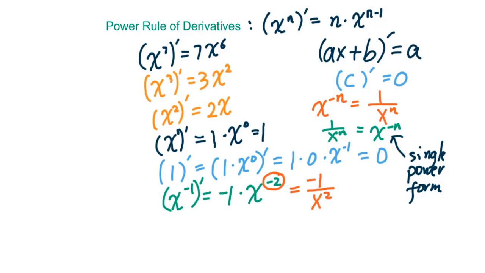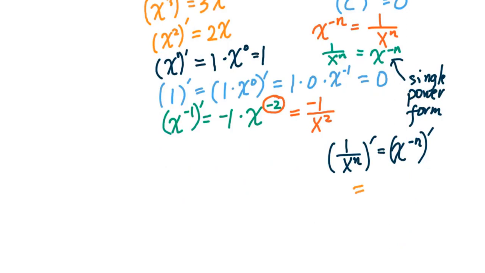When we're looking for the derivative of 1 over x to the nth power, you have to change into x to the negative nth power. Then you can use this power rule so that you get negative n drop down. Then it's x to the negative n minus 1. So you simplify, you will get negative n over x to the n plus 1th power.